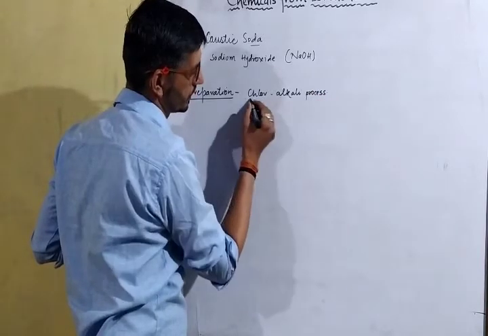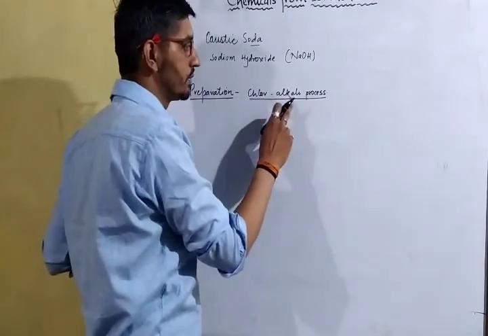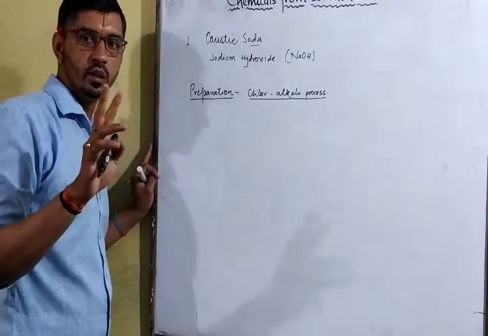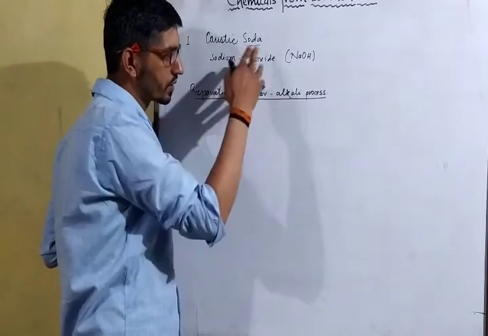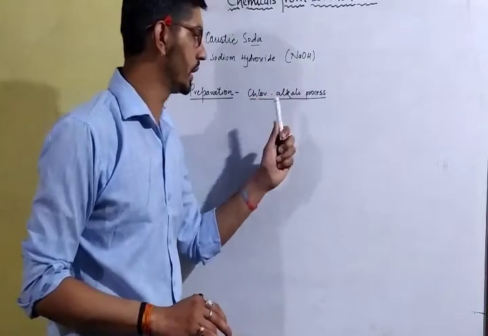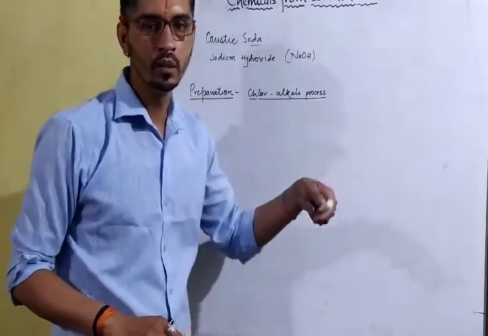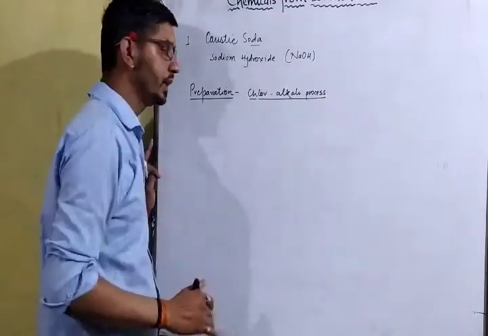Very, very important. In this process, we will have two products, chlorine as well as alkali. Chlor for chlorine, alkali for NaOH. Alkali, as I told earlier, is a water soluble base.